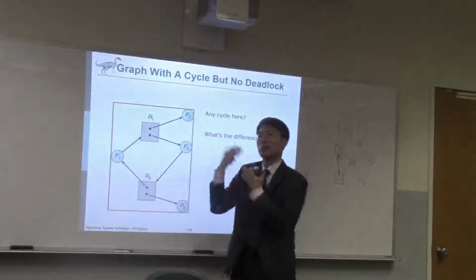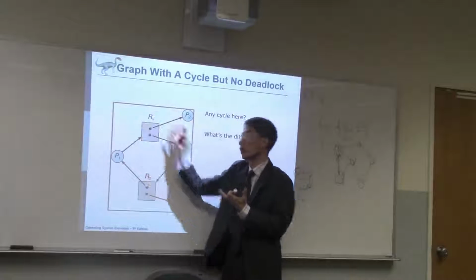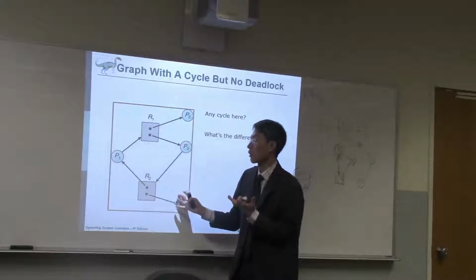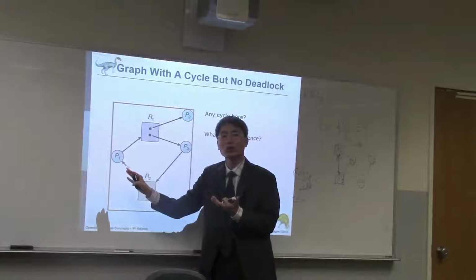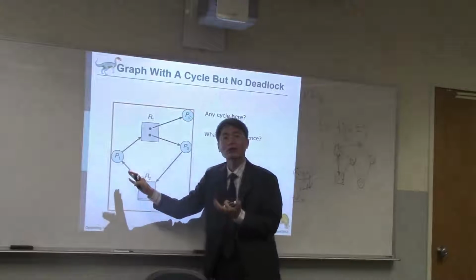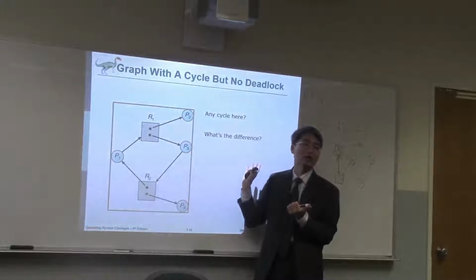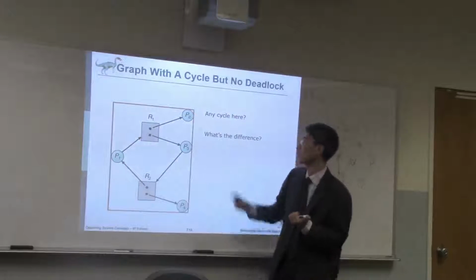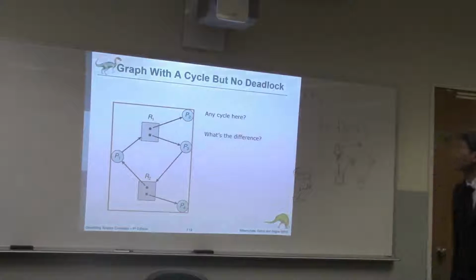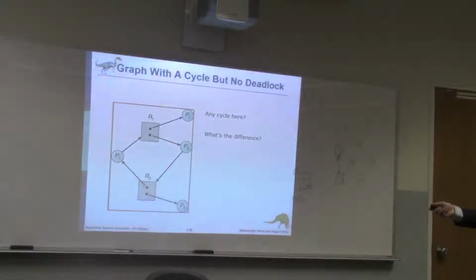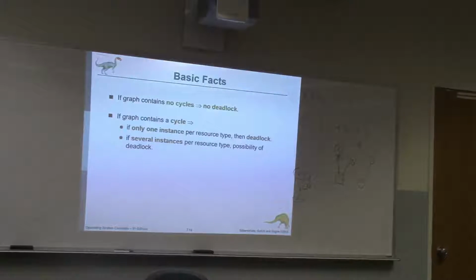However, not vice versa. Even though the current resource allocation graph satisfies all the characteristics, that doesn't mean it's always a deadlock. Sometimes deadlock, sometimes not. This is the counterexample, because we have available resources, because of the multiple instances.